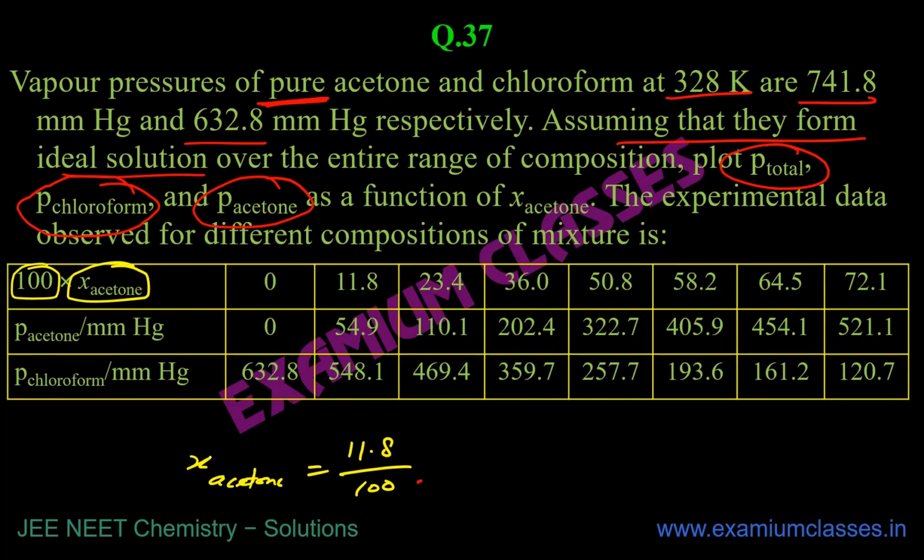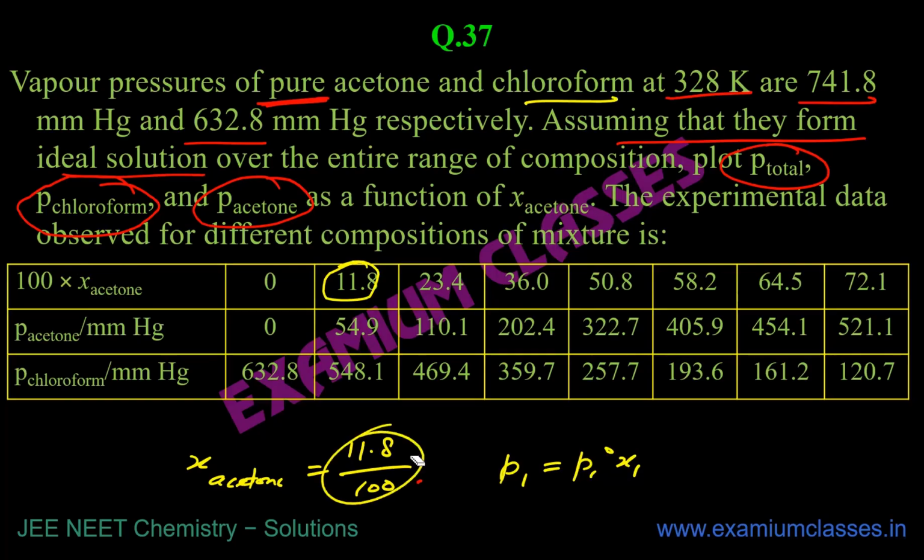How do you plot that diagram? What will be the value of P1? P1, say for acetone, will be P1 naught X1. So you will multiply all these X1 here by P1 naught, and you will get the value of P1. Similarly, you will get the mole fraction of chloroform also. Mole fraction of chloroform will be 1 minus this value.